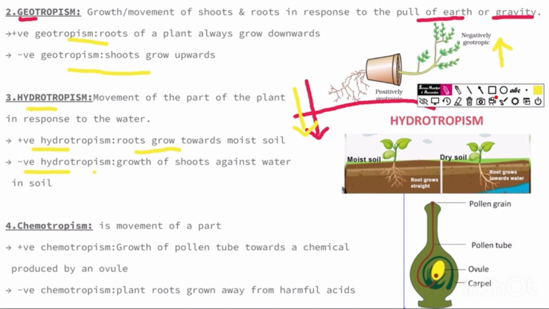What is negative hydrotropism? That is movement against the direction of water, which is shown by the shoots. Shoots always grow upwards. Even if the water content in the soil is very high, the shoots are not bending towards the soil to get water. Shoots are still growing against the direction of water in the soil, hence they are showing negative hydrotropism.